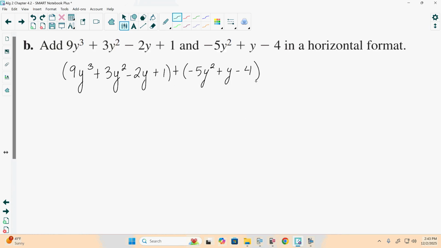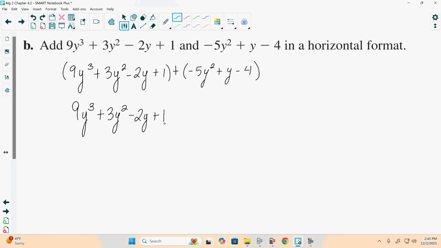Now, the first thing we want to do is simplify our parentheses. Because there's nothing in front of this first set of parentheses, realistically, we can just drop the parentheses, leaving us with 9y cubed plus 3y squared minus 2y plus 1. The number and the signs or values of each of our monomial expressions isn't going to change. It's the exact same.